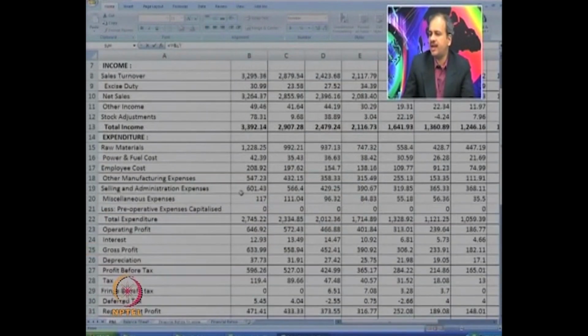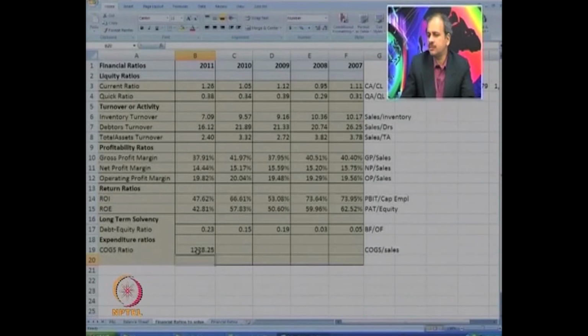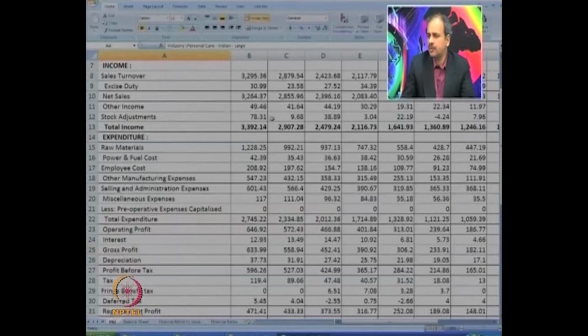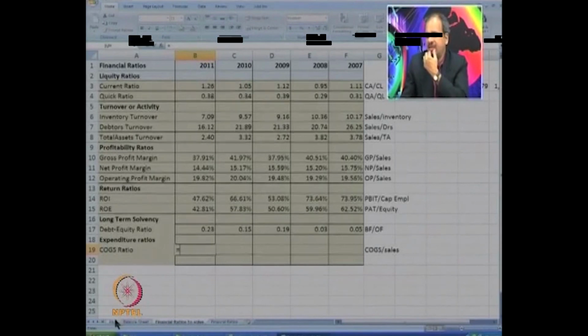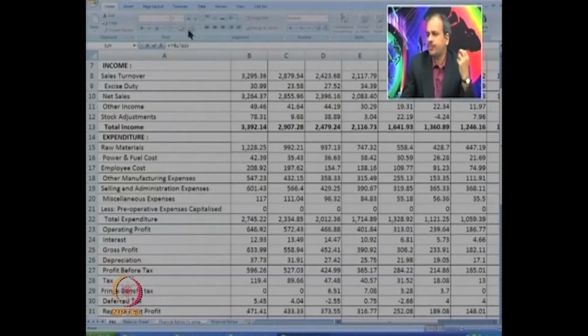So, if you go to the P&L account, if you remember, we had taken the figures of raw material plus power plus employee costs plus other manufacturing expenses.